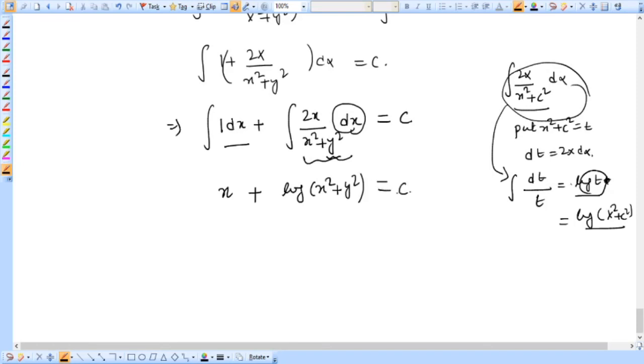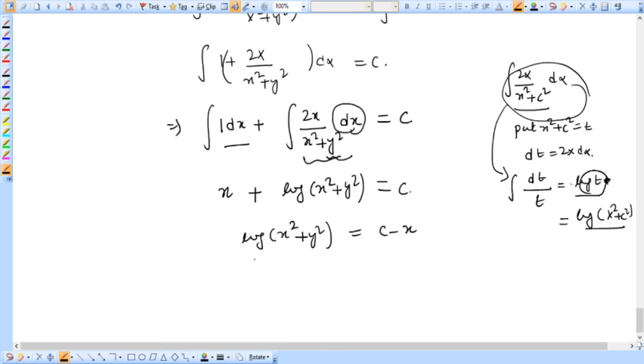right? So now taking x to the right hand side, we would be having log of x square plus y square is equal to c minus x.